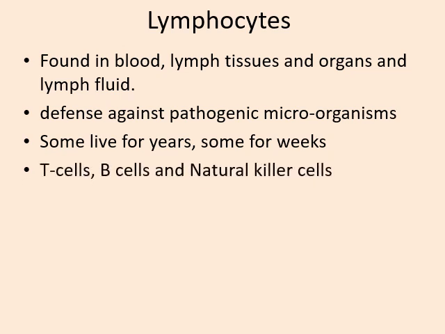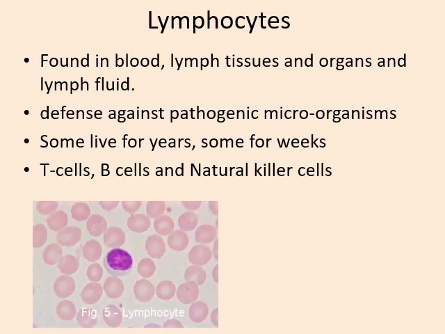Some of the lymphocytes that your body is going to produce are T cells. These are the ones that are going to stick around, kind of remembering what the bad guy looks like, as well as B cells and natural killer cells. These ones don't have grains, so you'll see the cytoplasm here is very, very clear compared to our phils. And this has one nice round nucleus.